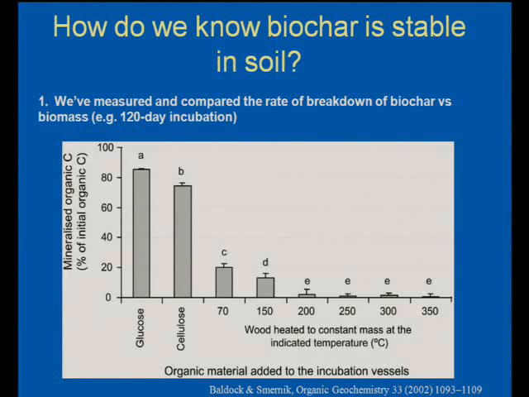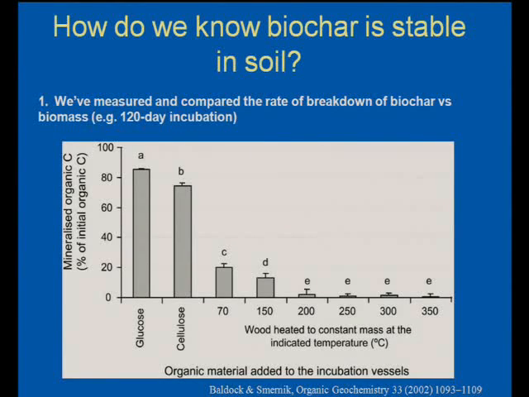Anyway, comparing the rate of breakdown over 120 days of different types of carbon. Glucose breaks down very quickly. Cellulose, which is pretty much what most of fresh plant material is going to be, we get about 70% loss of that carbon to carbon dioxide, so 70% mineralisation over the 120-day incubation.